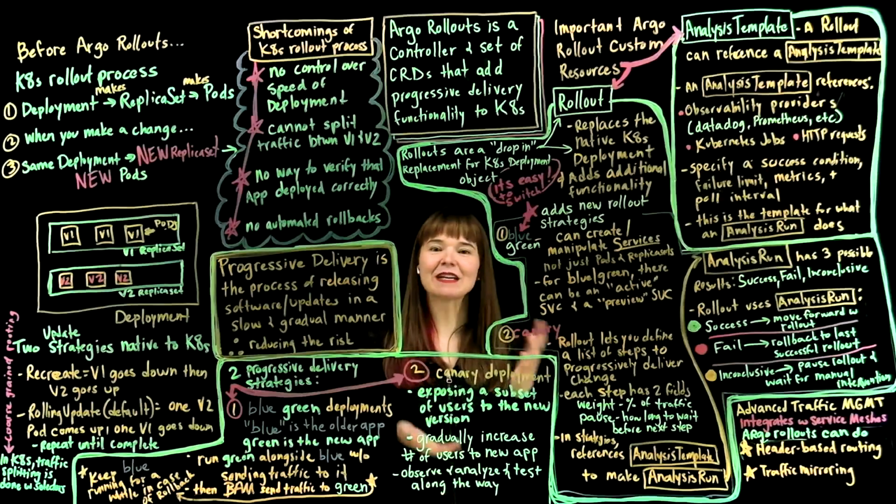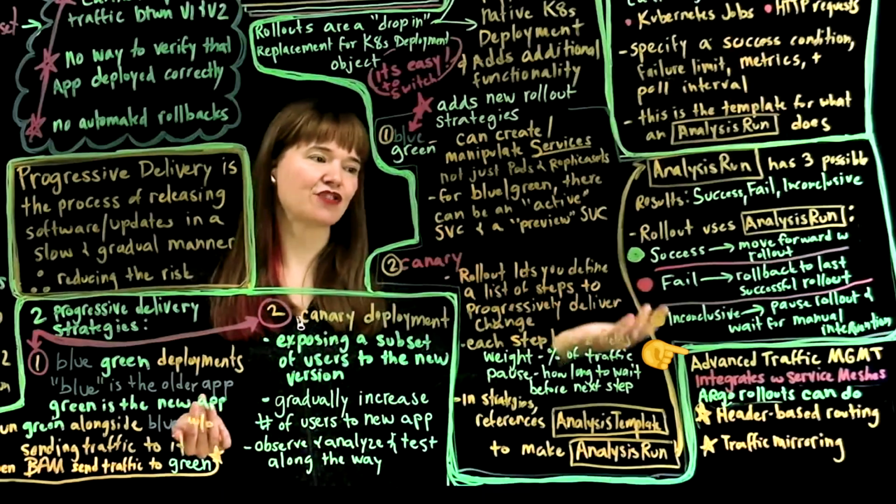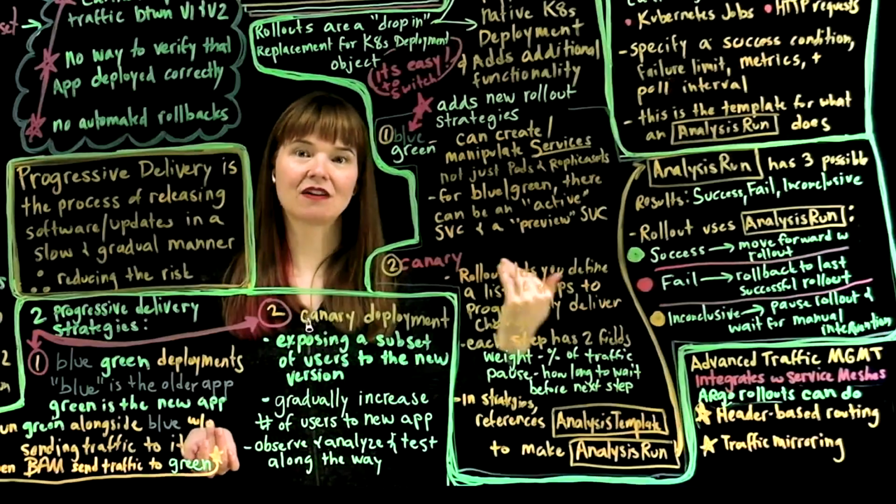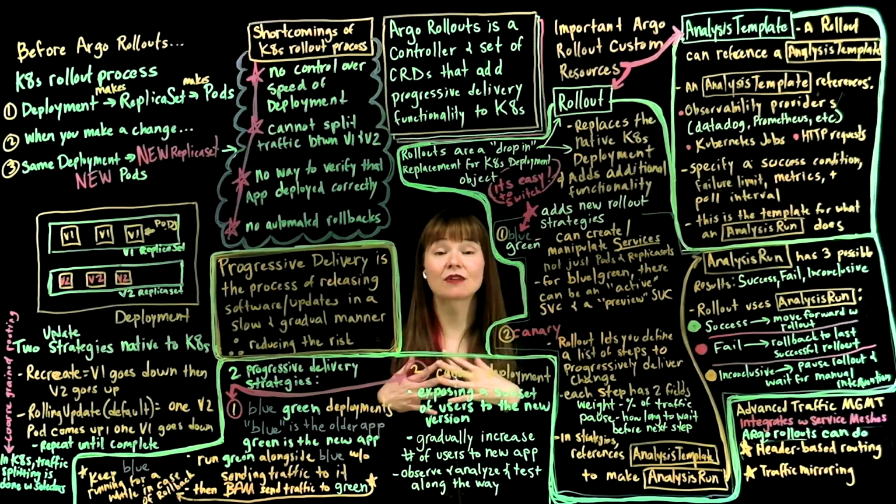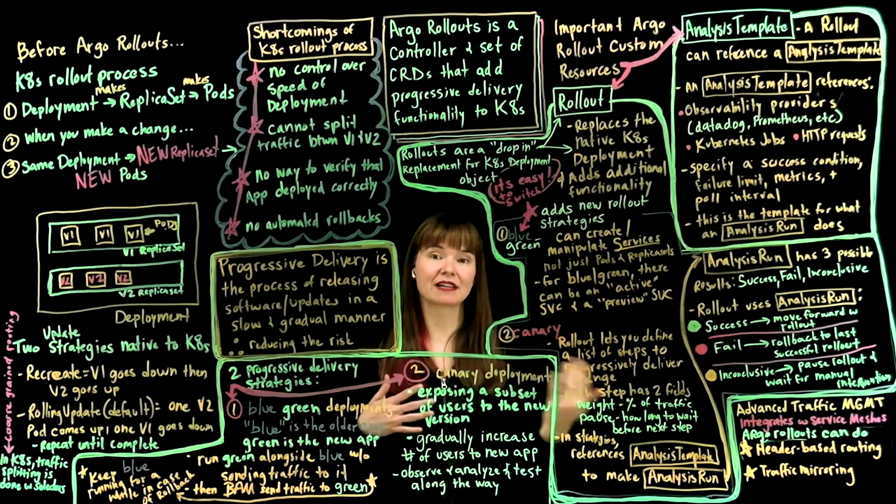Exactly. So then we talked about advanced traffic management and how Argo Rollouts integrates with the service meshes. This adds that extra layer on top of doing simple analysis and doing simple weight-based traffic management, where you're saying, I want 5% to go to my new version.